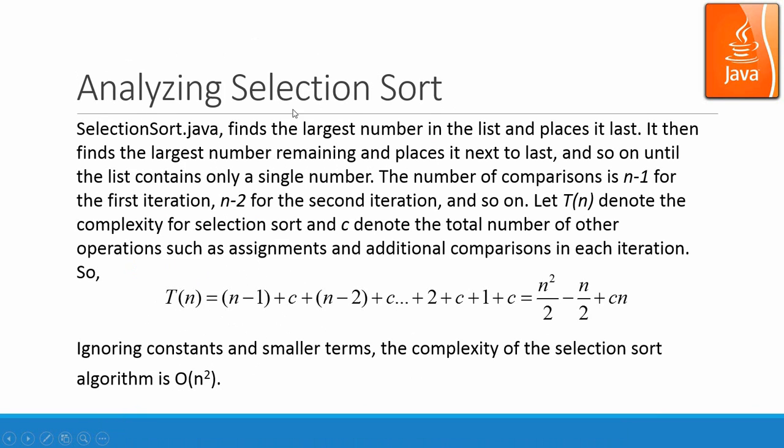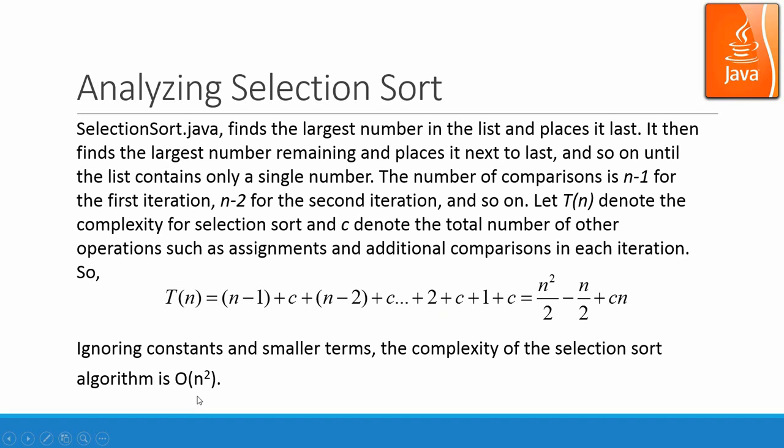If we analyze the selection sort algorithm, we can find out it's a two-loop algorithm. The number of comparisons is n-1 for the first iteration and n-2 for the second iteration. So the total time complexity would be n-1 plus c, n-2 plus c, and so on. When we sum them up, we get this equation.